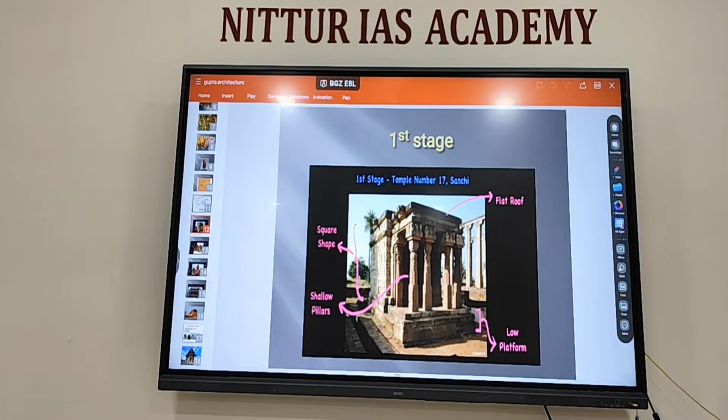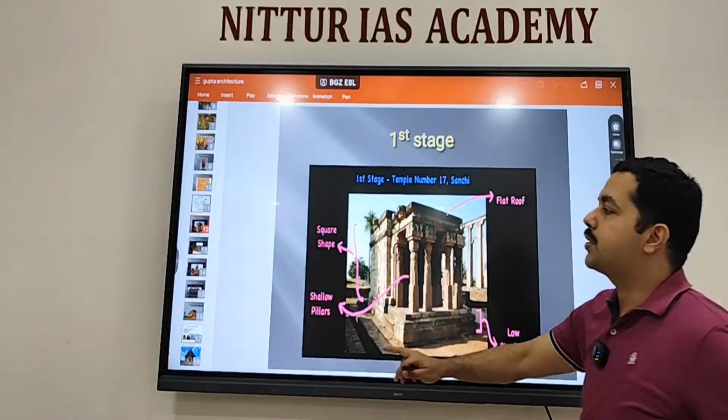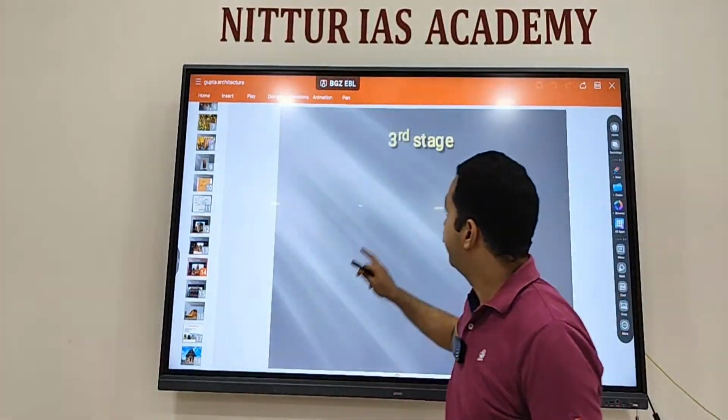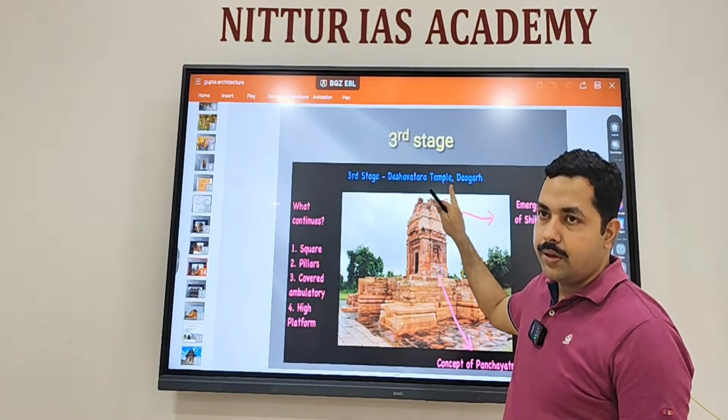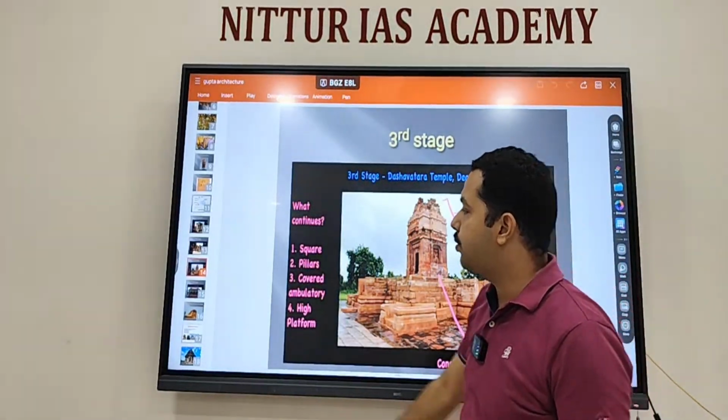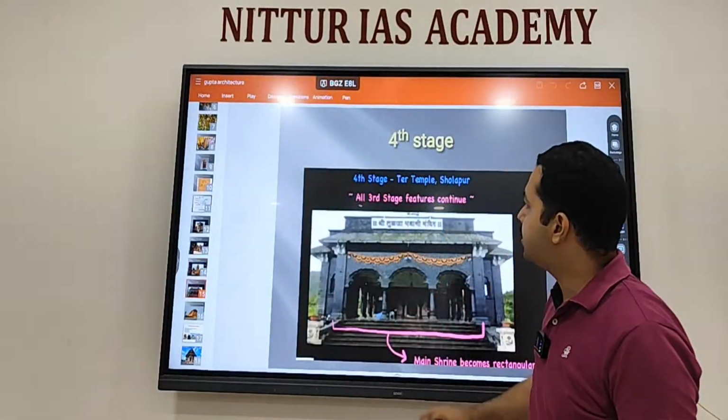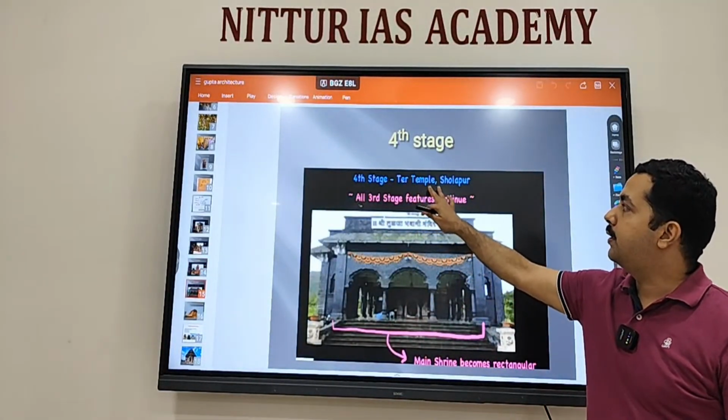Third, the example is the Dashavatara temple, Devgarh. Fourth, if you want to mention an example, you can mention the Tar temple, Solapur.